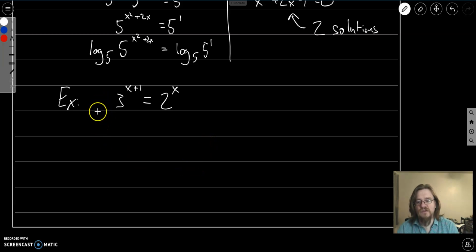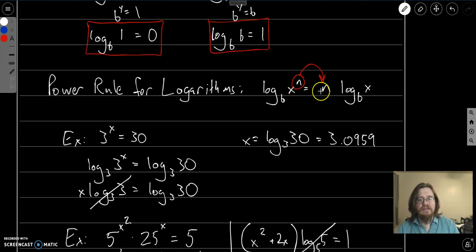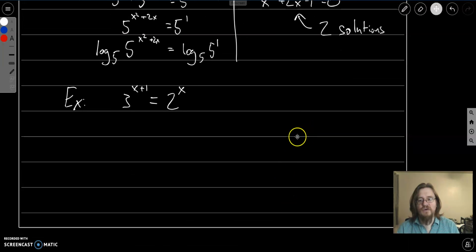Do we use log base 3, or do we use log base 2? The ultimate answer is it won't matter, because our power rule doesn't depend on what base you have. The base has no effect on anything. It doesn't matter what base you use, you will always bring down the exponent.